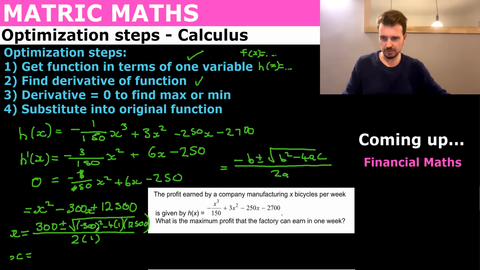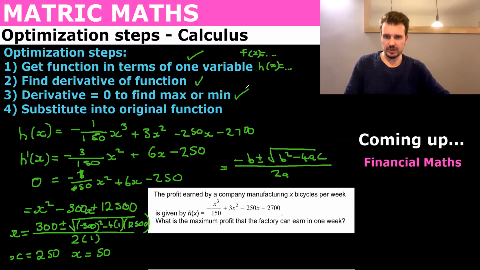We just put it into our calculator, and we get 250. Or, when we try the minus, I get 50. So it's x equals 250 or x equals 50. Okay, so that is done.